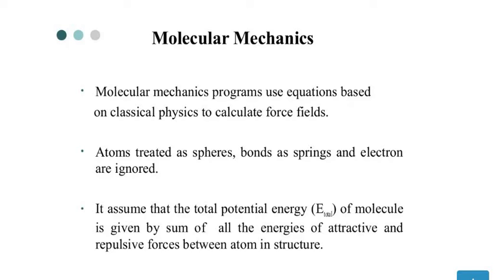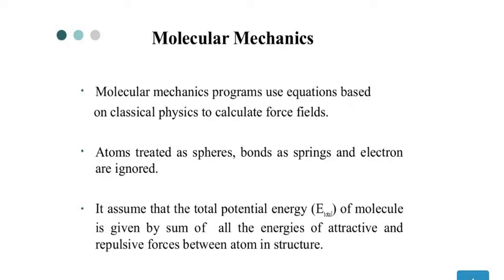Molecular mechanics programs use equations based on classical physics to calculate the force field. Force field is also a very important parameter. Atoms are treated as spheres, keep in mind that is very important for the beginner. Atoms are treated as spheres, bonds as springs, and electrons are ignored.